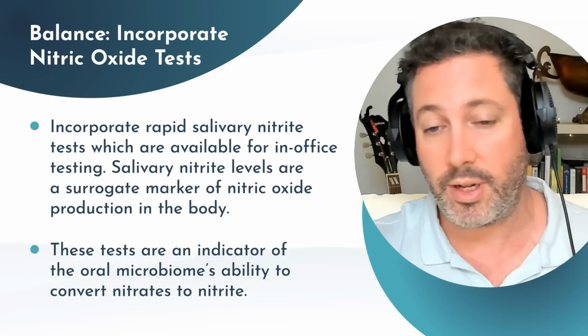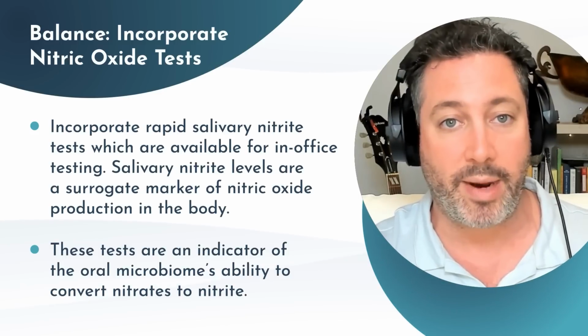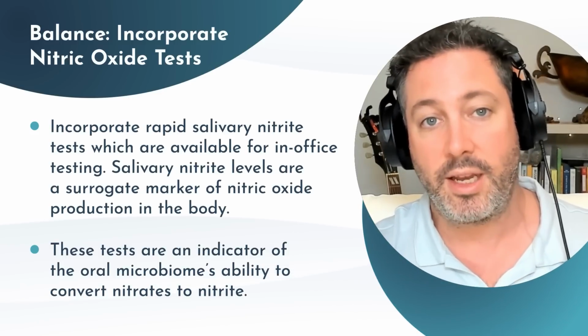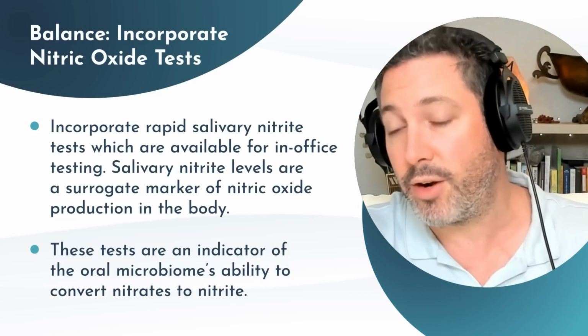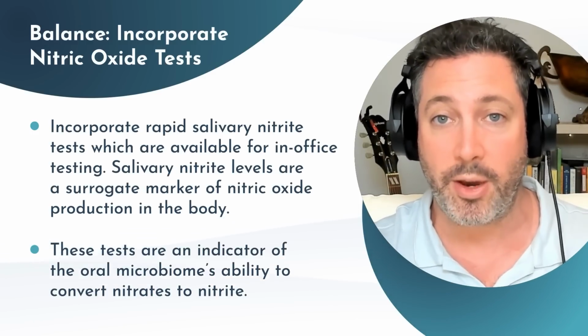So this is really a good indicator if you want to know that your oral microbiome is able to convert nitrates into nitrites, and therefore another probably good indicator of oral dysbiosis. So this is something that should be standardly applied in dental practices.